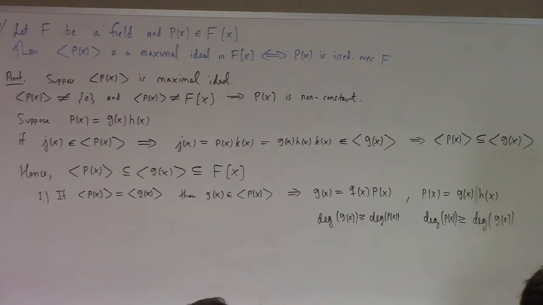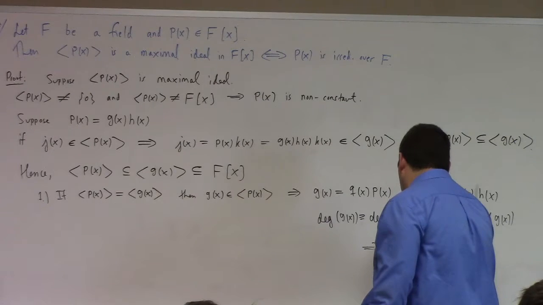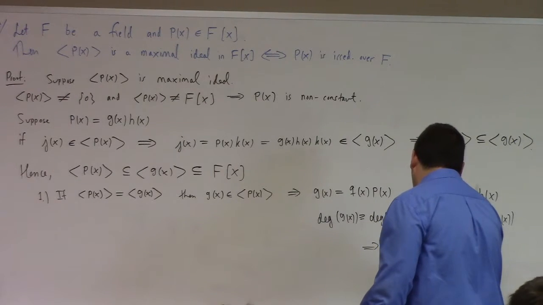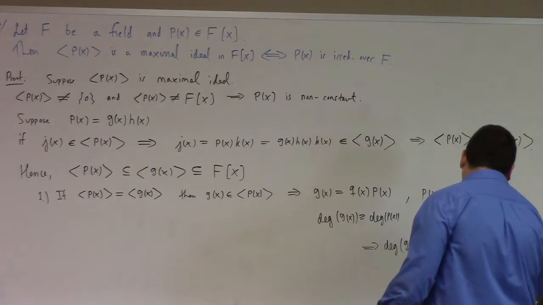How can this be? A less than or equal to b, b less than or equal to a. So the degree of g(x) is equal to the degree of p(x), right?